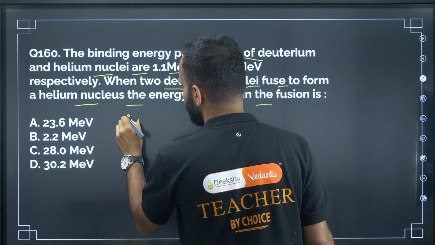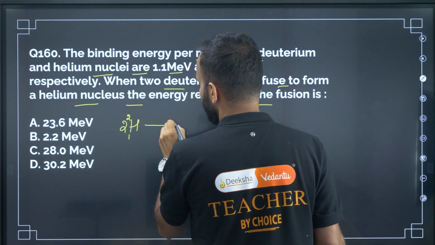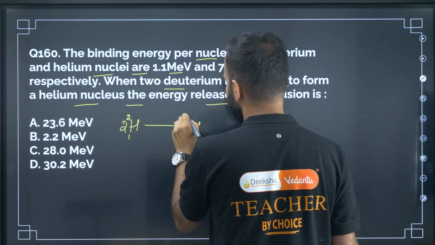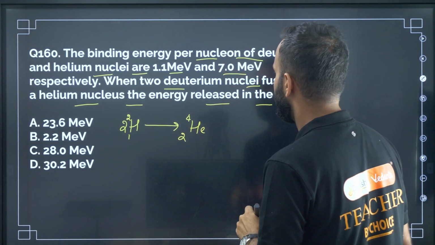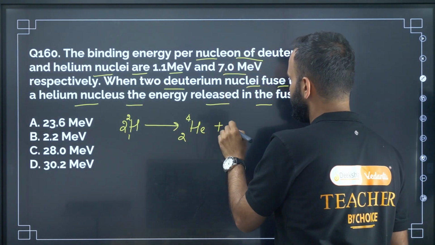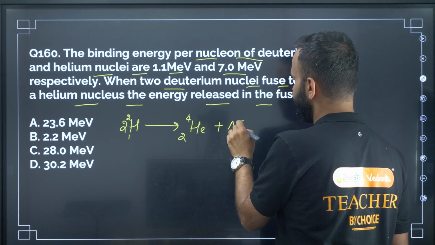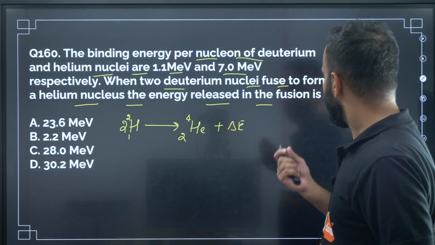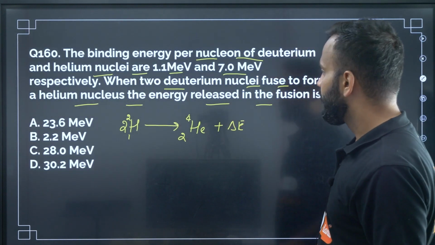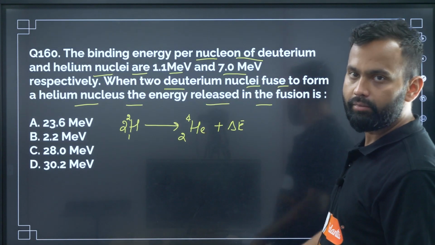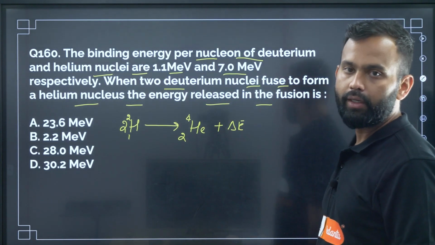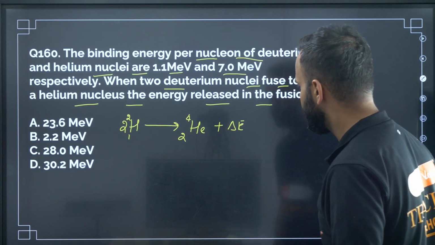Two deuterium combine to form helium, and energy is also released, delta E. So how to find delta E? Let us find the binding energy of the deuterium and helium, then take the difference, that is equal to delta E, the energy released.